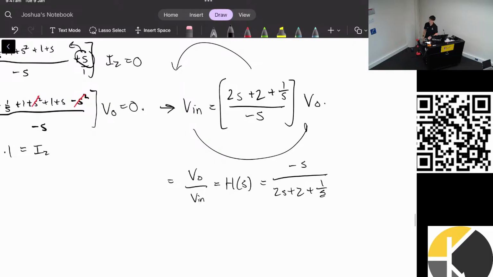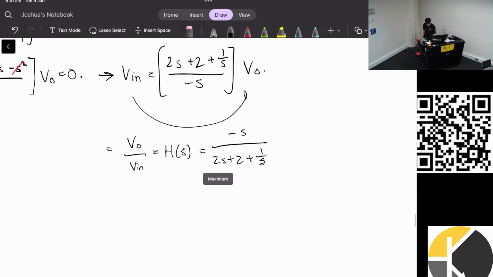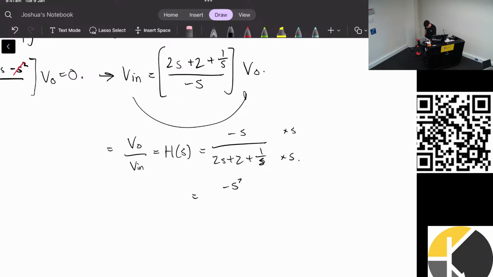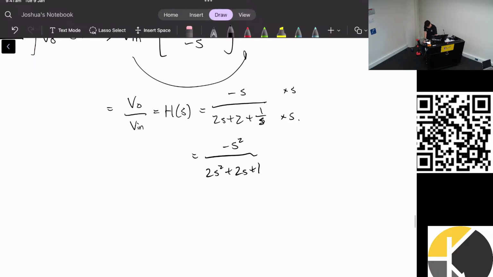If I want to be able to comment on the stability, I need to simplify this denominator a bit more. I don't like this 1 on s term, so I'm going to times both the top and bottom by s. So this could be minus s squared over 2s squared plus 2s plus 1. And then I'll divide both top and bottom by 2.